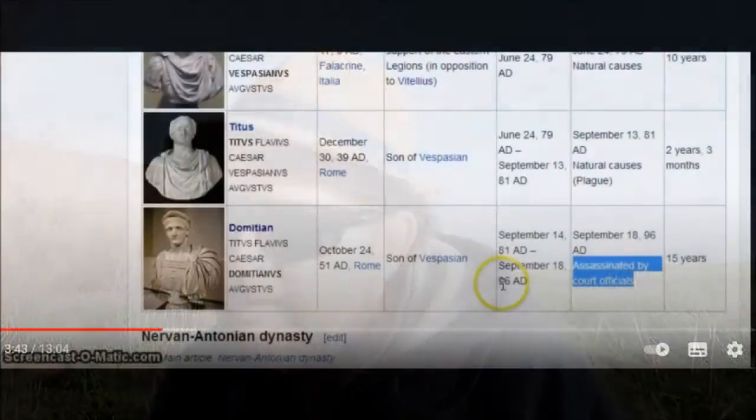When he got killed, the Roman Empire sort of broke up into families. They put him as the end of the Flavian dynasty. Interesting enough. Sorry if my pronunciation's not very good. Temple's gone, John's writing the Book of Revelation, Domitian is, and then he comes to an end. He actually is killed by his own people.